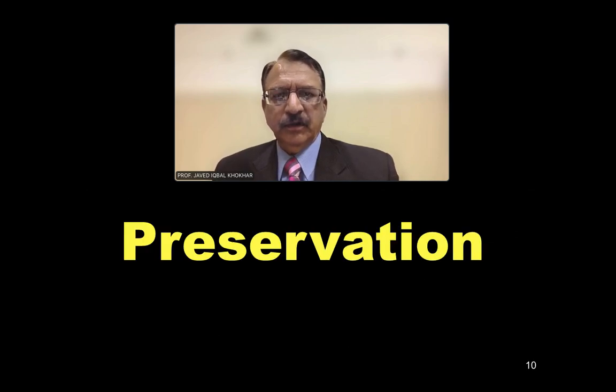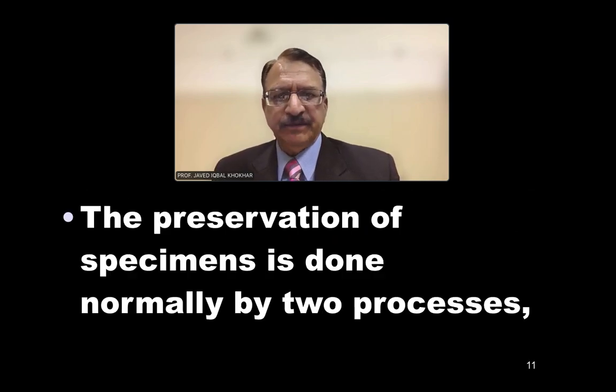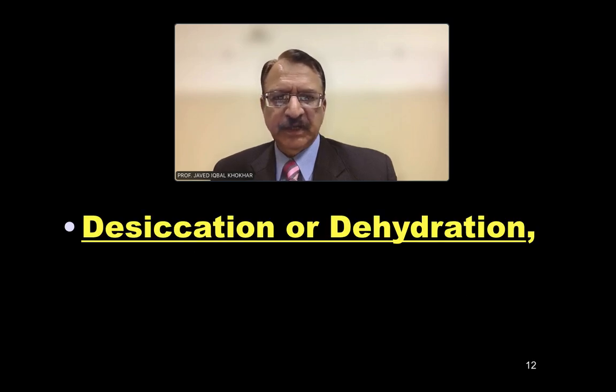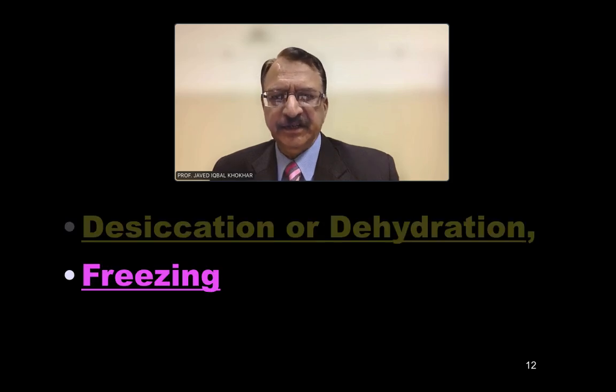So what should be the procedure of preservation? The preservation of the specimen is normally done by two processes. The first is desiccation or dehydration. That is, we dry up the things and they get preserved by dehydration. And secondly, by freezing.